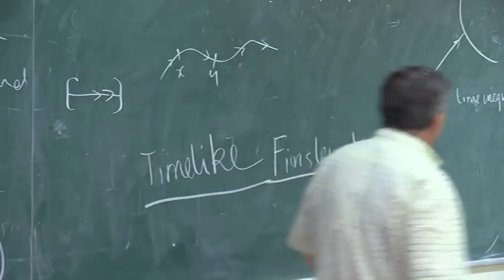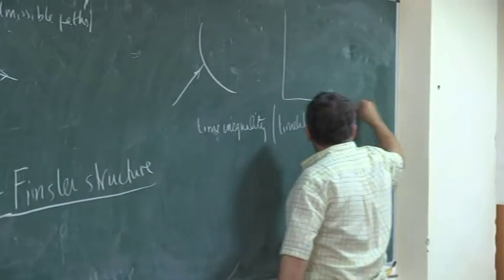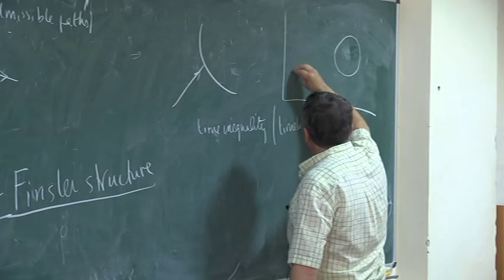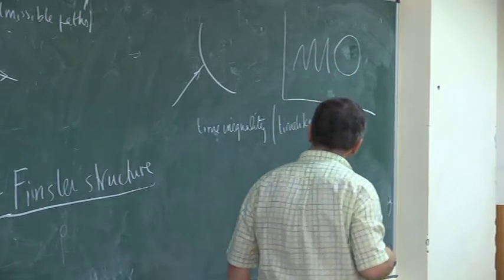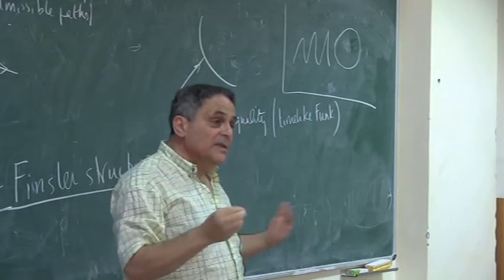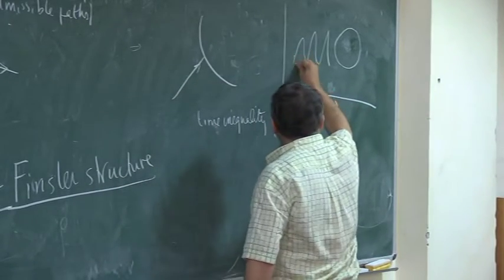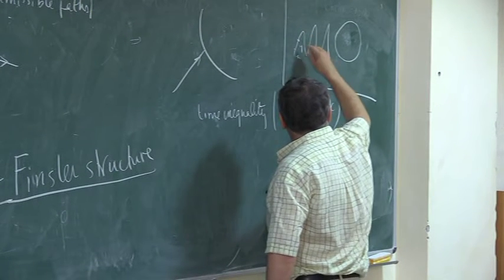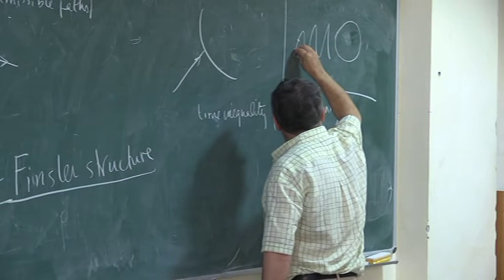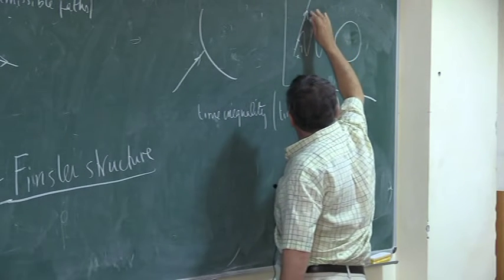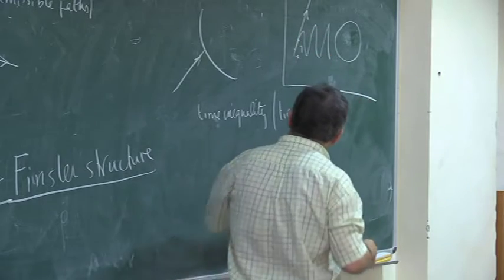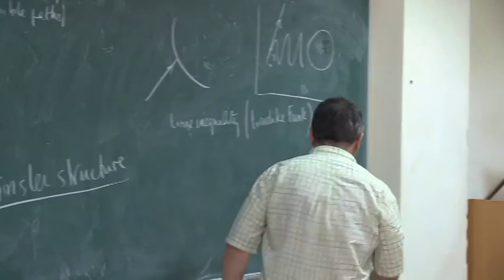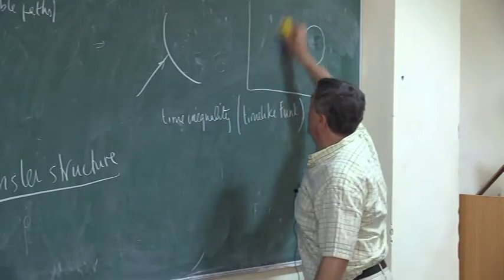So, for instance, in my example of the time-like Funk, this path like this is not an admissible path because I have a point here, I have a point here, which follow each other in the image of the map defining the path, but y is not in the future of x. This path here.